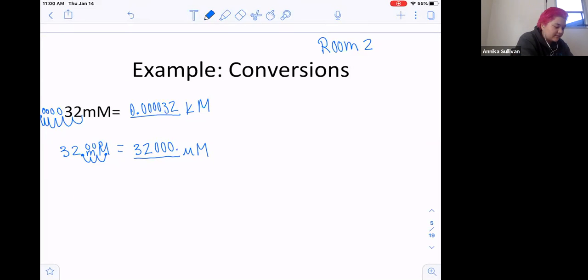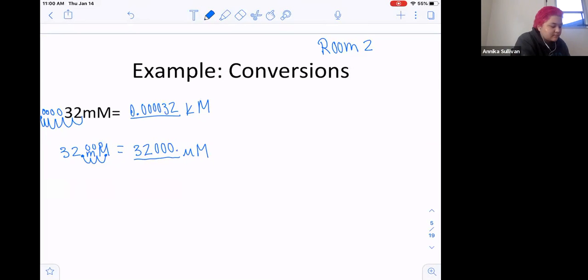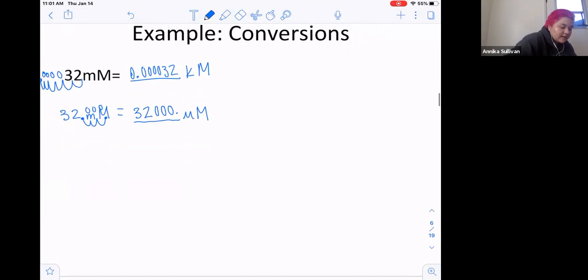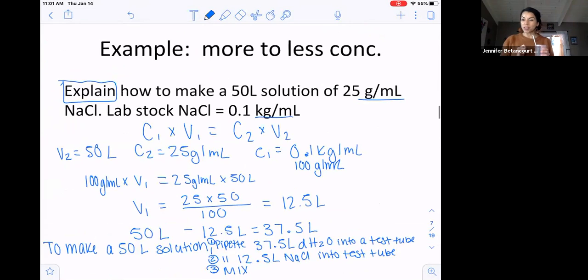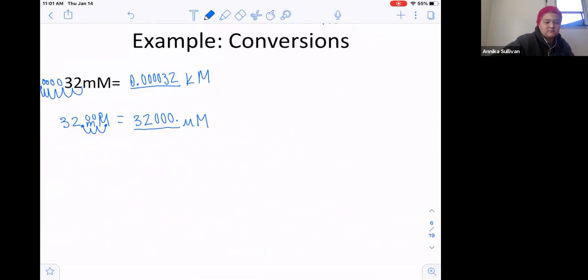And so we did that twice in order to get to kilomolars. And then from millimolars to micromolars, it was just one factor of 1,000. Oh, wonderful. So thank you.